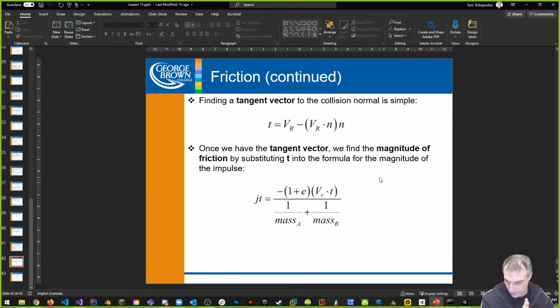Think of it this way: our friction is really going to slow things down. It's going to be kind of the opposite to the restitution. So if I have a high amount of restitution, so a lot of bounce, then I'm going to transfer energy across the system boundary from one object to the other, and more energy is transferred as a result of the bounce.